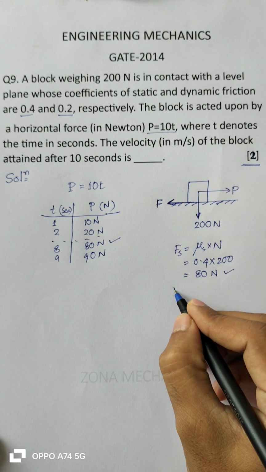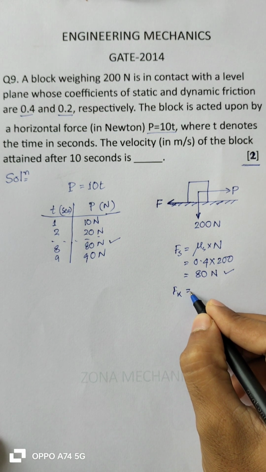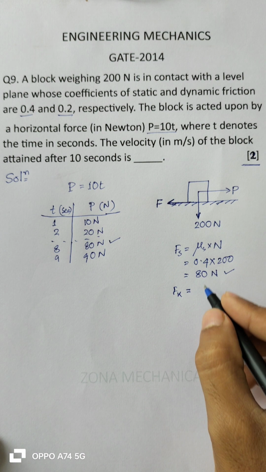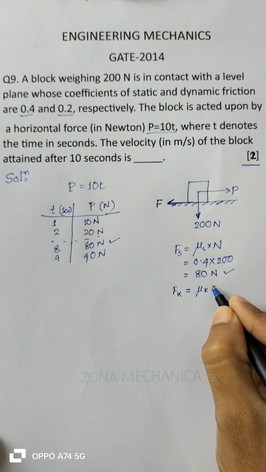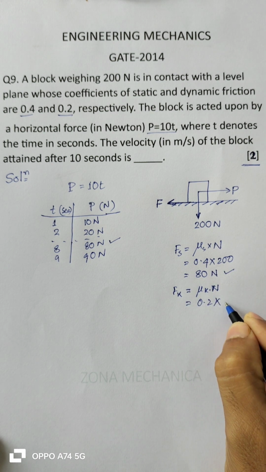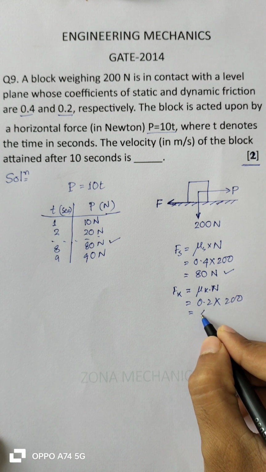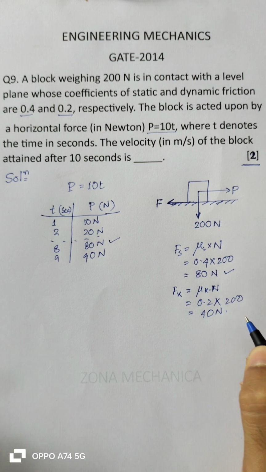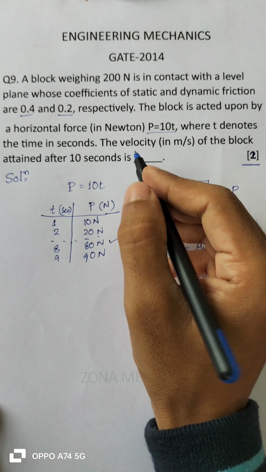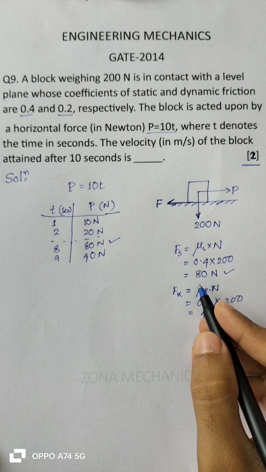And if Fk is the kinetic friction, then mu k into N. Mu k is 0.2 into 200, so that is equal to 40 Newton.